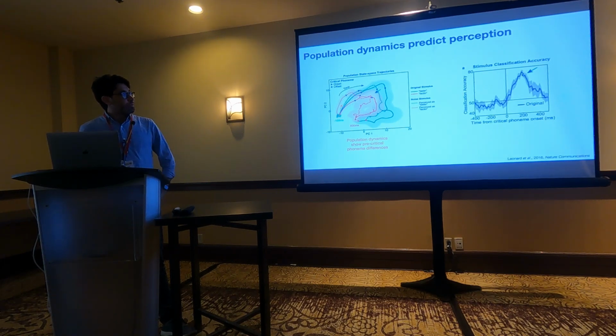But on average, unsurprisingly, immediately following the critical phoneme we can classify what they actually heard, because the acoustics are different. When we do this for the noise, we also get that effect. But again, we see this difference before the onset of the noise that is starting to reflect something that we would argue is essentially causal in terms of what they ultimately perceive.